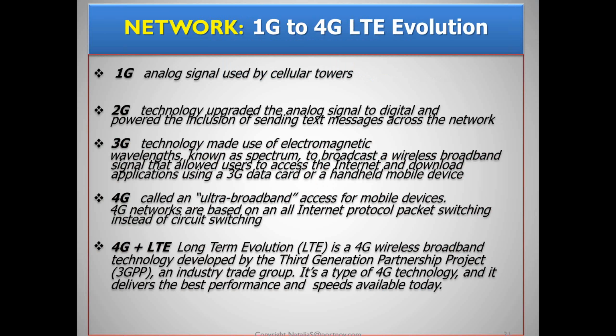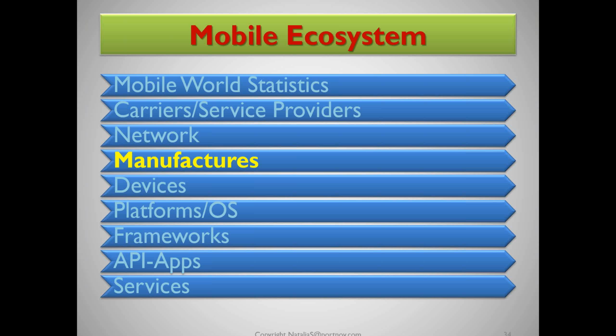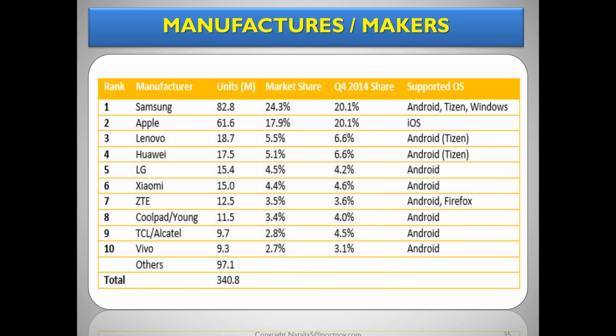This is something we are using and enjoying right now. Like I said, back in 2013, Huawei and Samsung announced the full-blown 5G, and that it's going to be available by 2020.